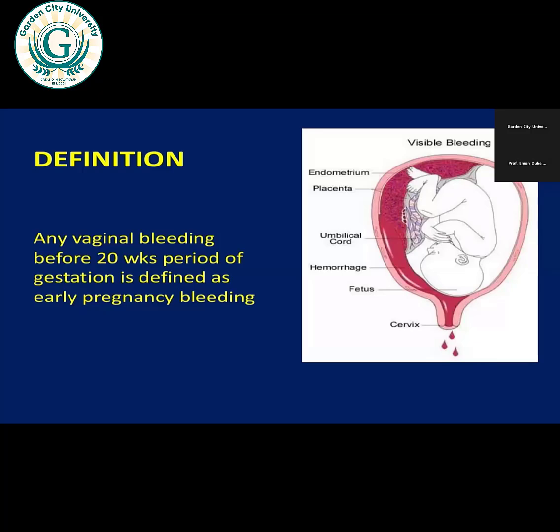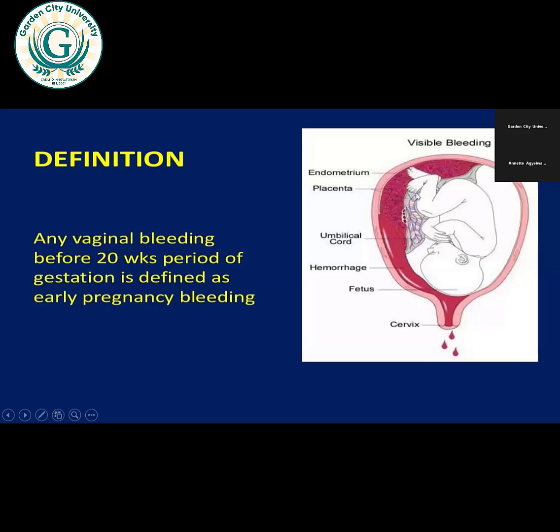So you look at the diagram on the right. You can see the endometrial lining there. Then you look there, that is the placenta. Can you see my cursor?